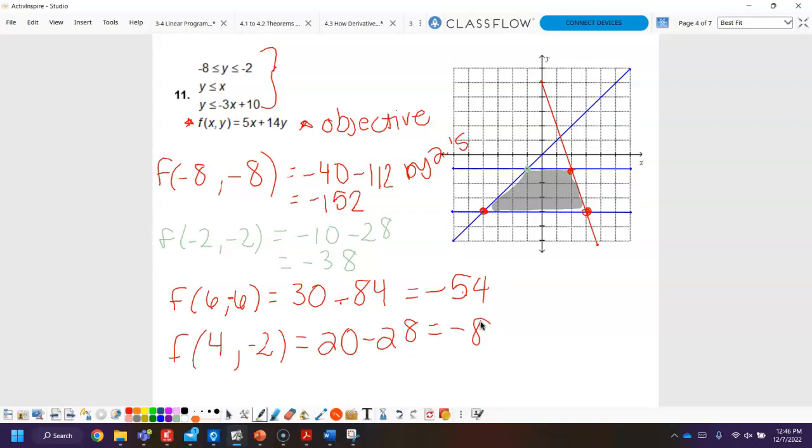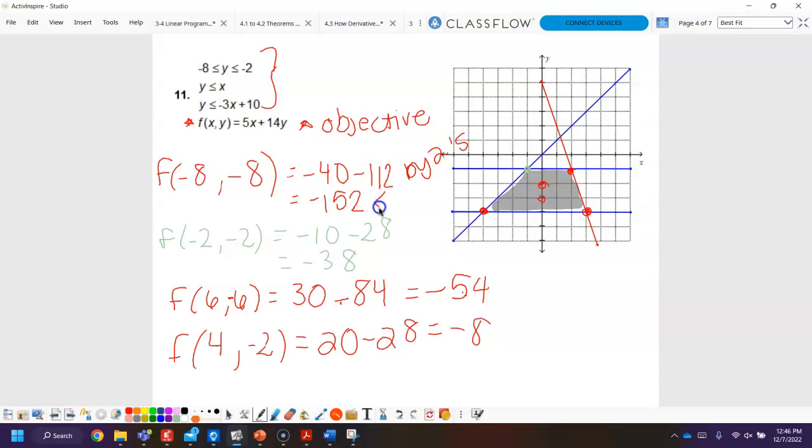So going back and looking, one of the things that we talked about is how that feasible region is going to lend itself to your mins and your maxes. Points inside this feasible region are never going to be bigger or smaller than my mins or maxes. My mins or maxes are going to be the biggest.